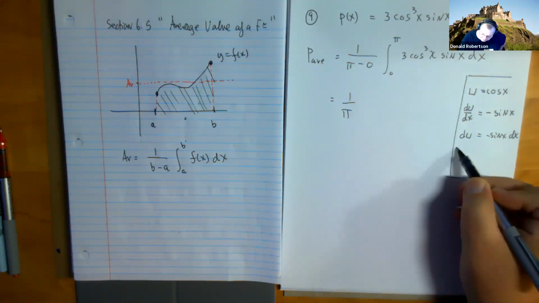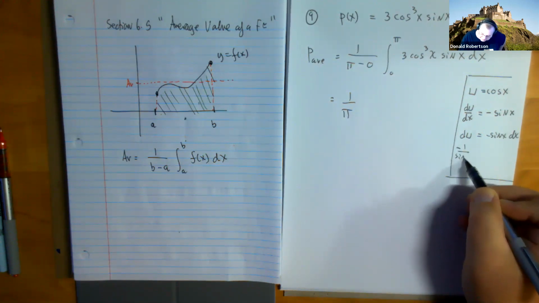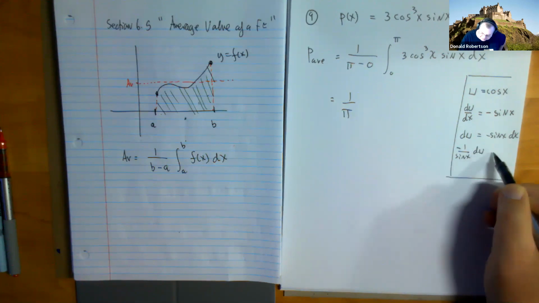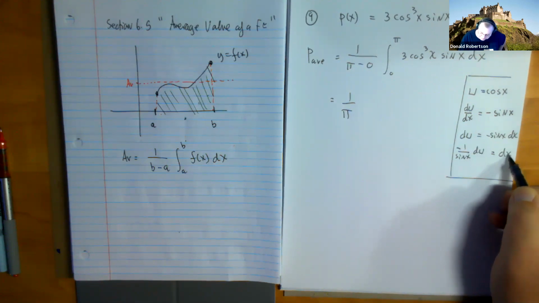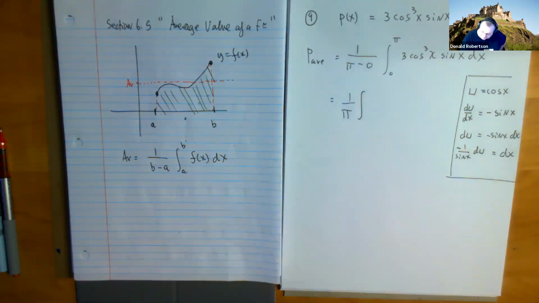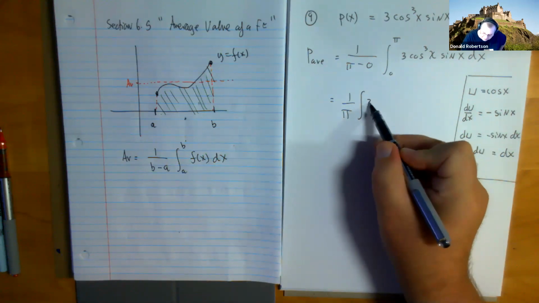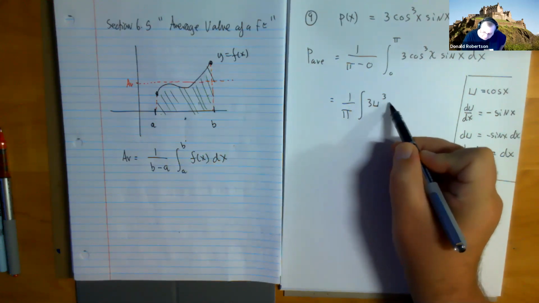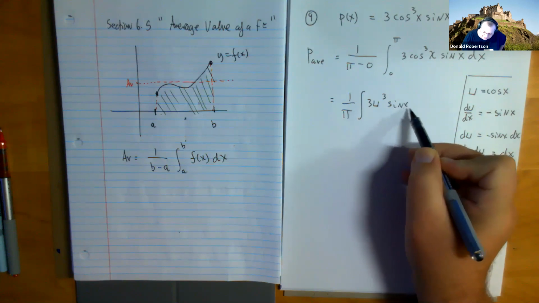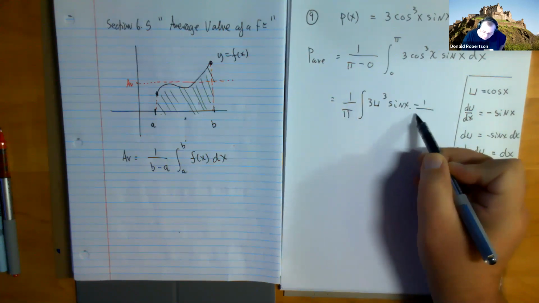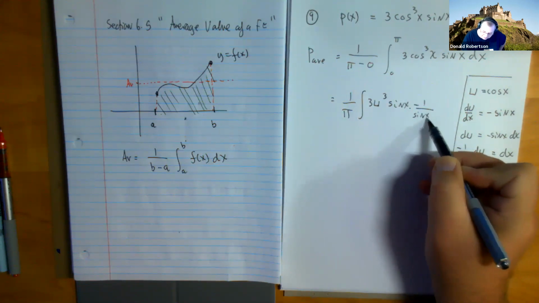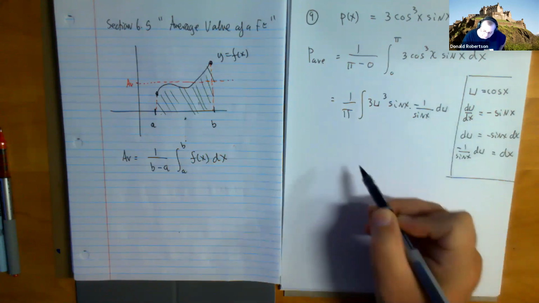Just like you said, we have that. So our thing's going to become 3 times u cubed, times sine x, times negative 1 over sine x du.